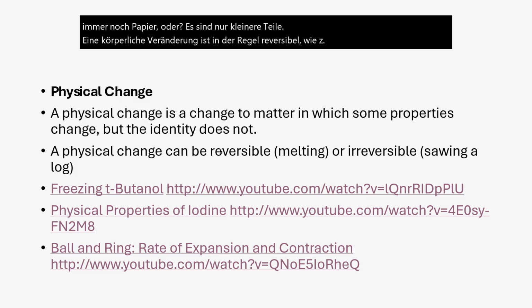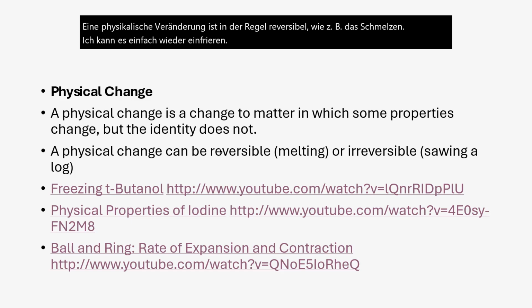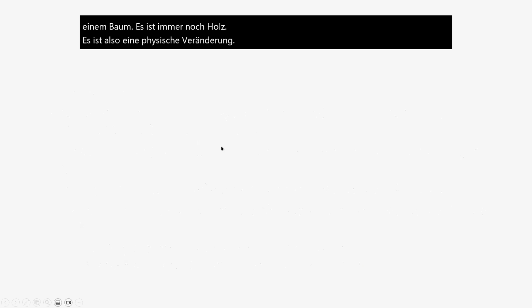I can just refreeze it. Or it could be irreversible, such as sawing a log. But when I saw a log in half, it's still from a tree. It's still wood. So it's a physical change. And that's the end of 2.1.